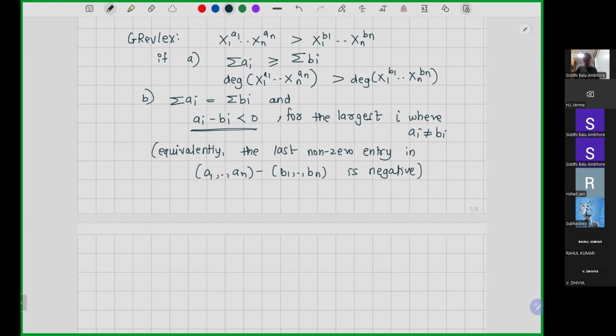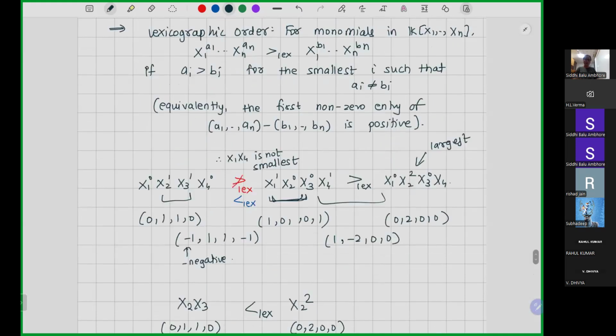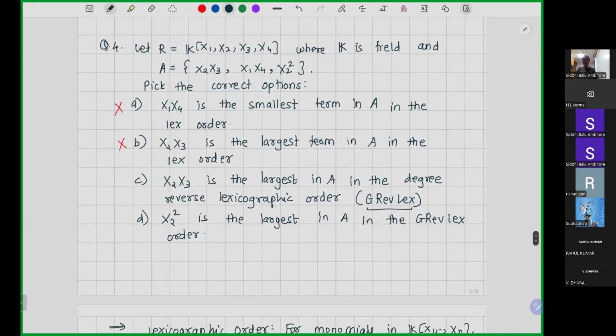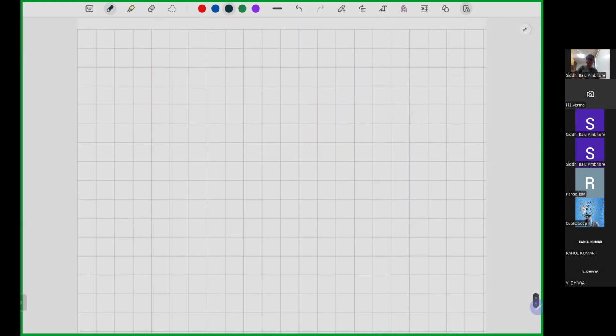Okay, and now let us check these elements here. They are just asking which one is the largest, x2 x3 or x2 square. So let us compare this x2 x3 and x2 square. In this case, it is 0 1 1 0. Yes, x2 square is the largest, correct. So 0 2 0 0. And when I subtract, here what I get is 0, minus 1, 1. So see, this is positive.